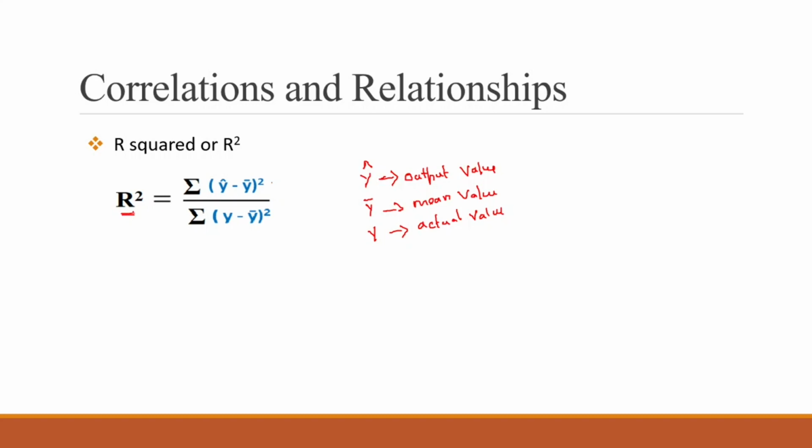Using this formula I should be able to calculate R square, and using the square root I should be able to get R. R is the square root of R square.